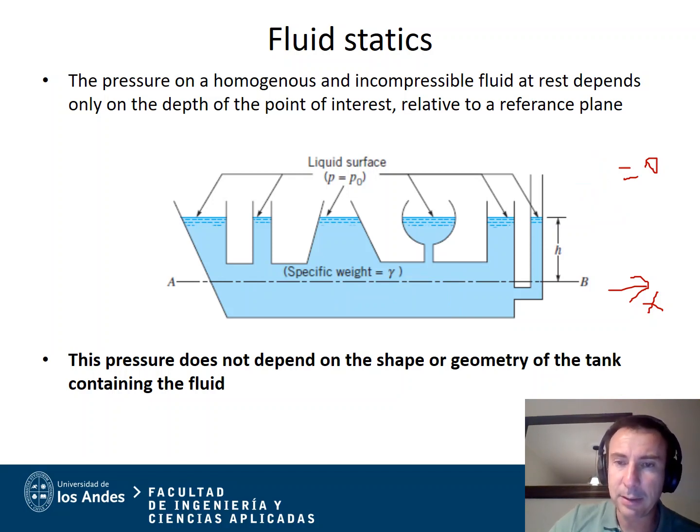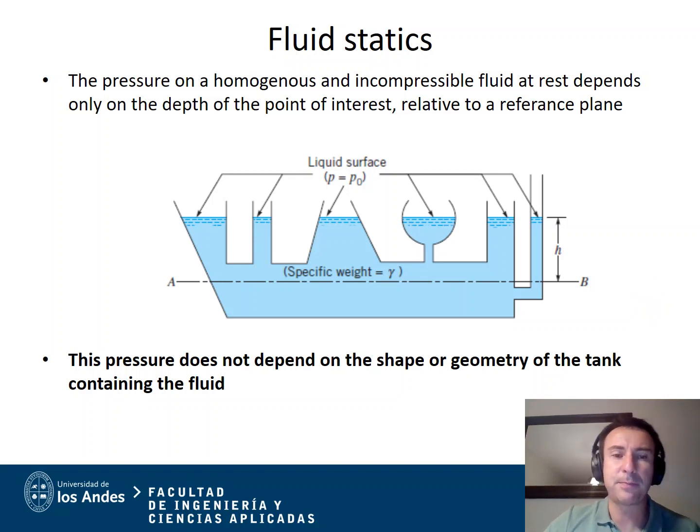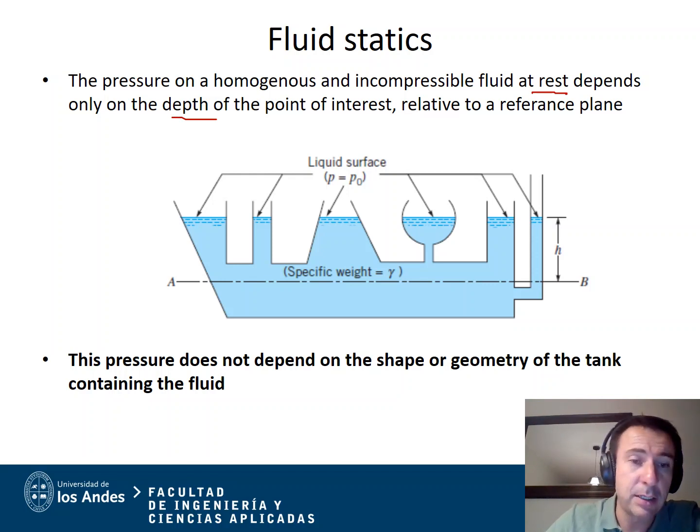Keep that in mind. Changes in pressure in the horizontal do not change for fluids at rest. So the pressure on a homogeneous and incompressible fluid at rest depends only on the depth of the point of interest relative to the reference plane, and this is the reference plane.